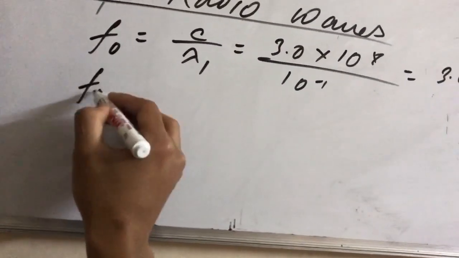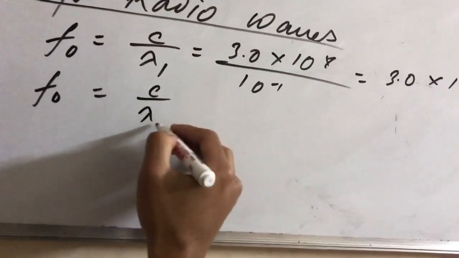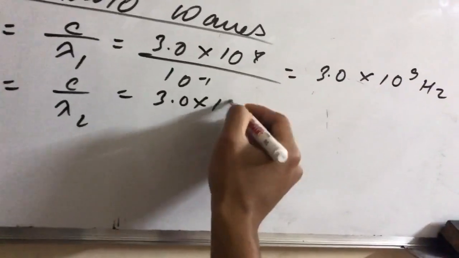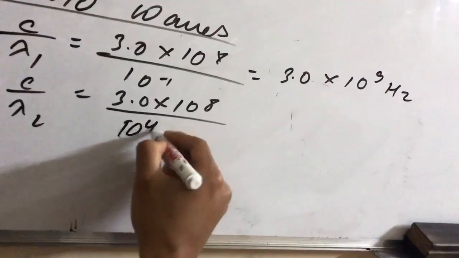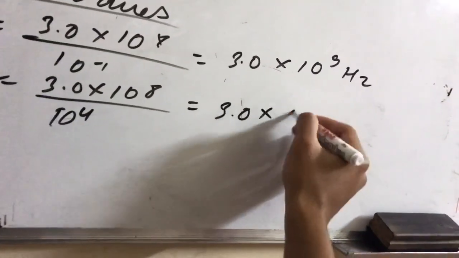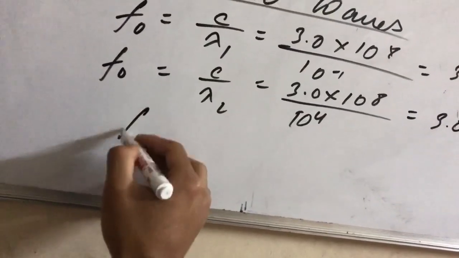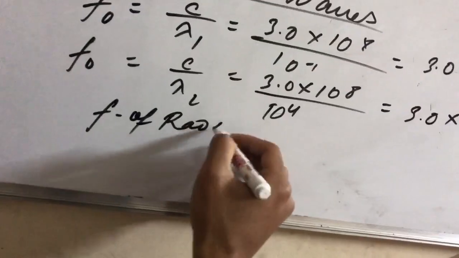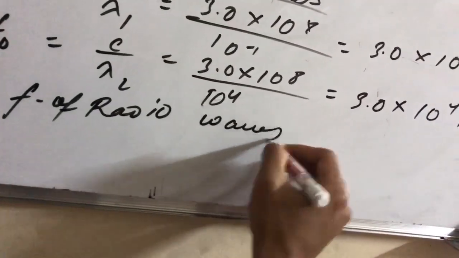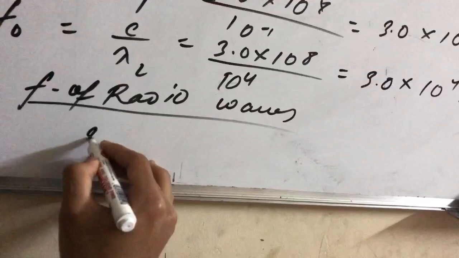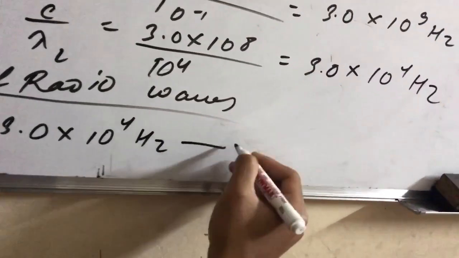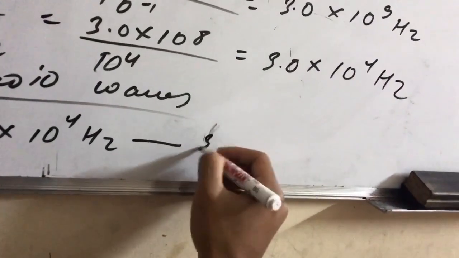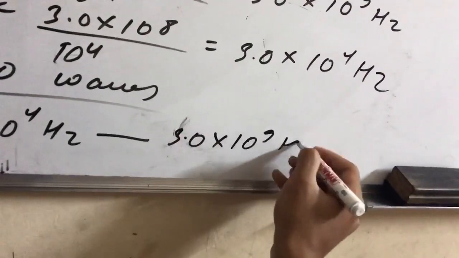So the frequency of radio waves is 10 to the power 4 hertz to 3.0 into 10 to the power 9 hertz.